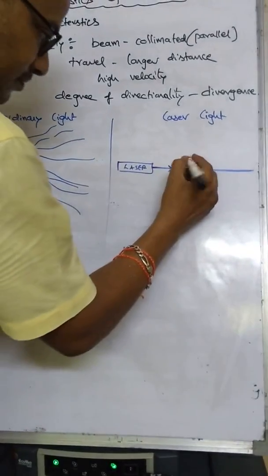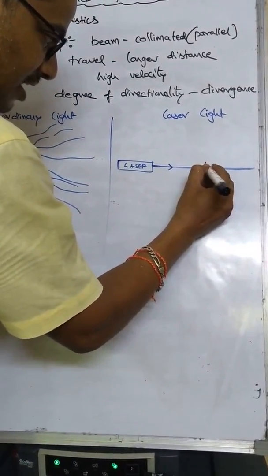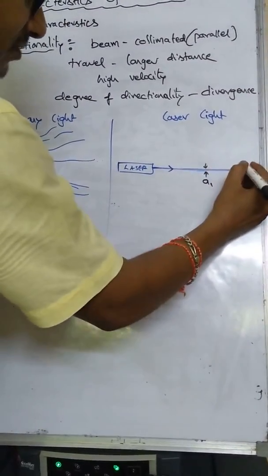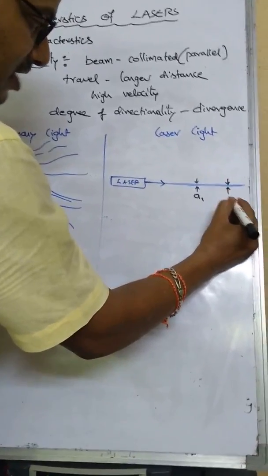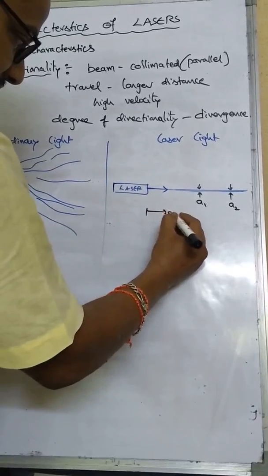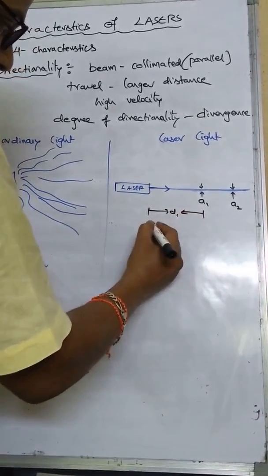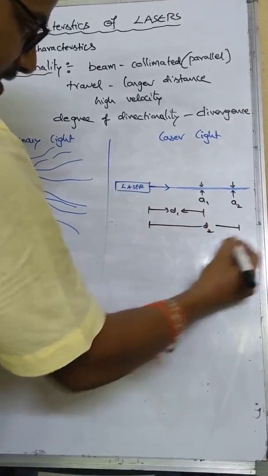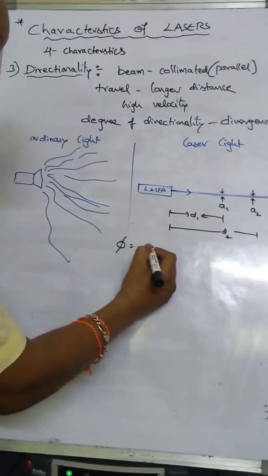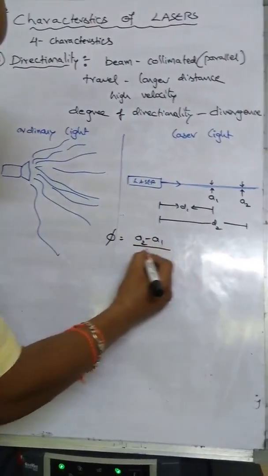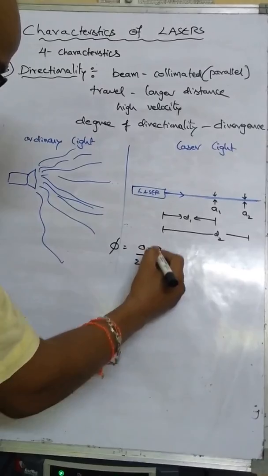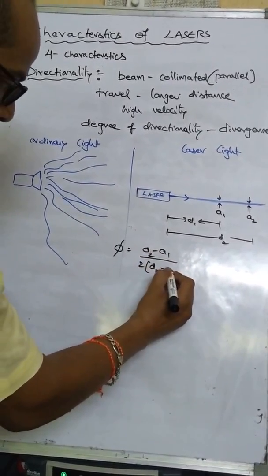If I consider a point here, if A1 is the width or the diameter of the beam, and here this width is A2, and obviously A2 will be greater than A1, and if I consider this distance as D1 and this distance as D2, then the degree of divergence is given as phi equal to (A2 minus A1) by 2. Now I am converting the diameter into radius, therefore I have taken it by 2, divided by D2 minus D1.